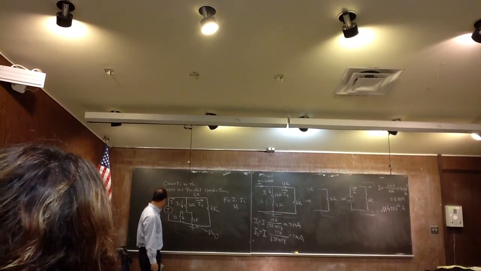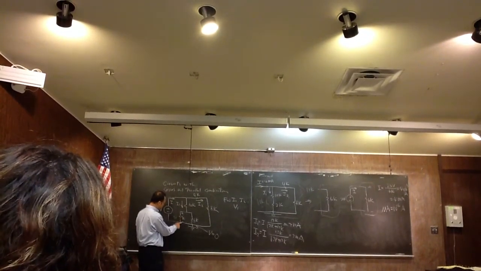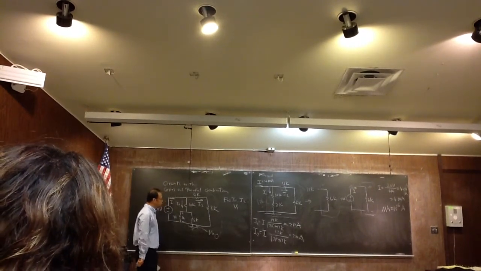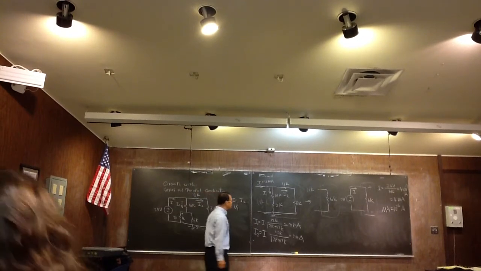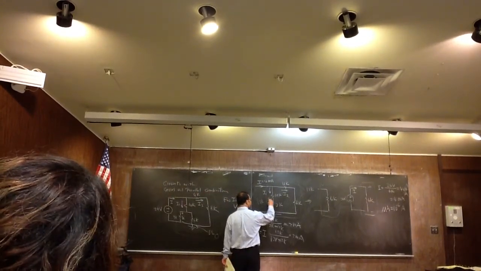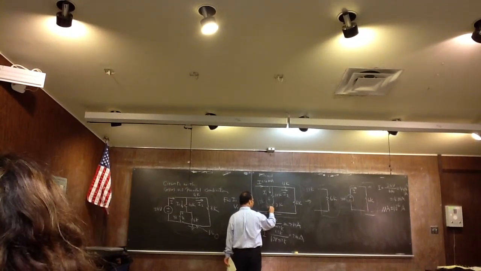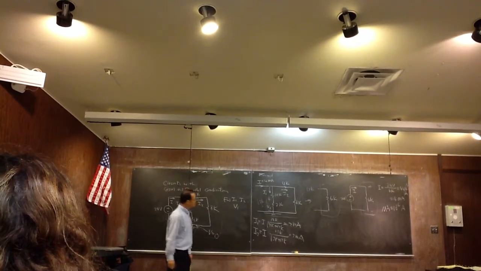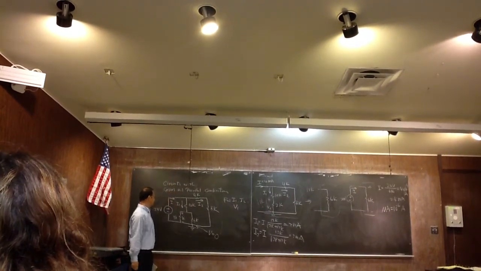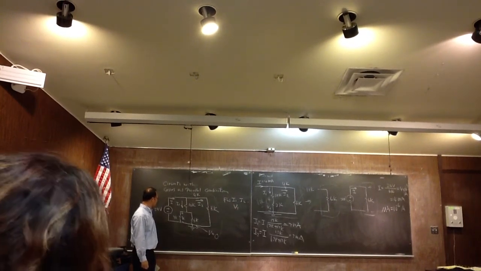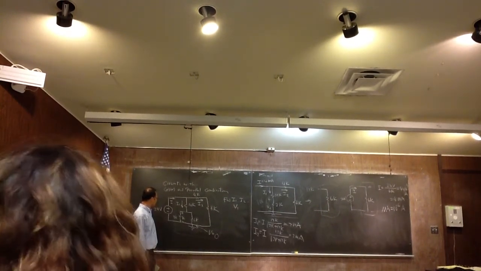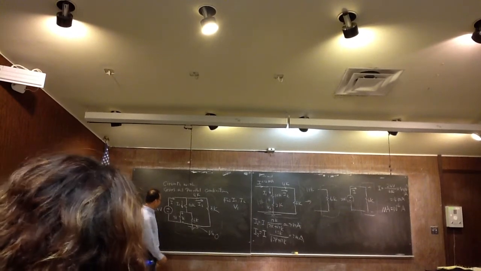Okay, the last one, the voltage here. Is that the same voltage as the voltage across 2K? Is it the same? Maybe you don't see it. Yeah, it is the same, right?